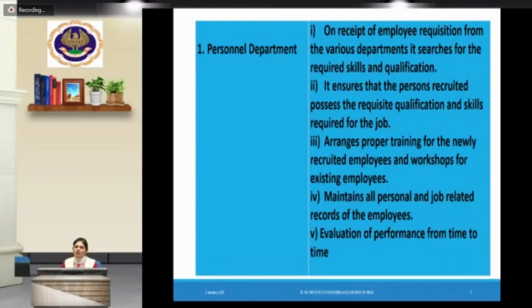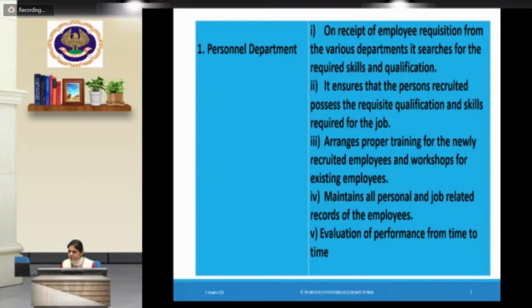So from recruitment to selection, then training, then development, then performance appraisal, the personnel department has an important role to play during the tenure of any employee or worker, from the day the person joins the organization, during the tenure, and when he leaves the organization. Every record, the personnel department has.